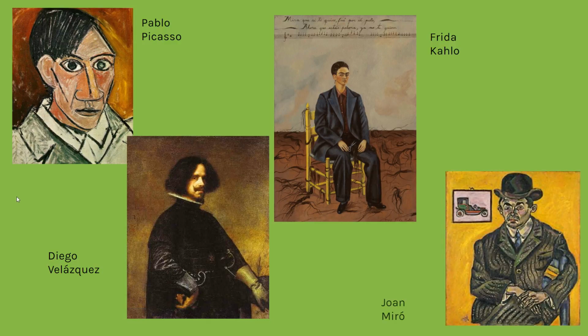Aquí hay un autorretrato de otro español que se llama Joan Miró. Él lleva un sombrero, él lleva un traje, él lleva una camisa. We didn't learn the word for tie, but it's corbata. Para mí, yo noto las manos.